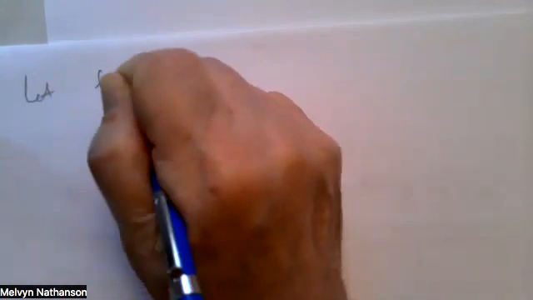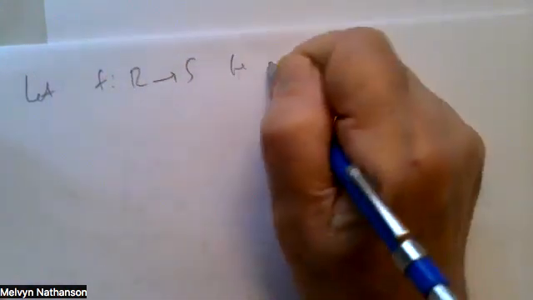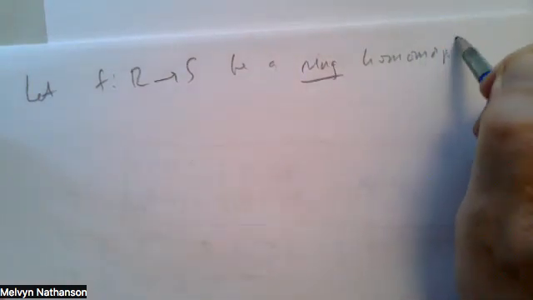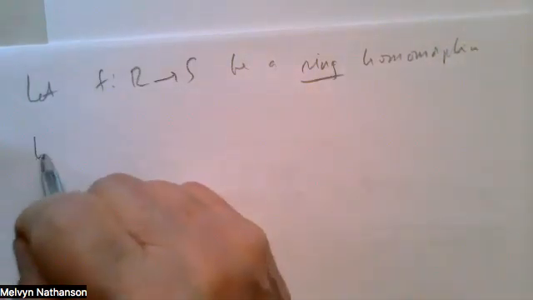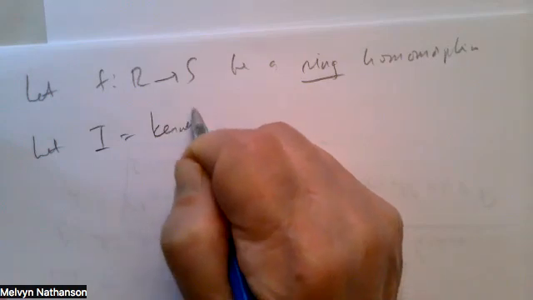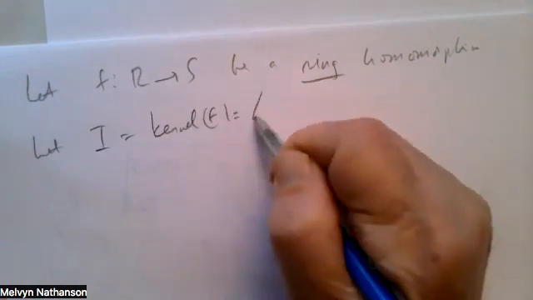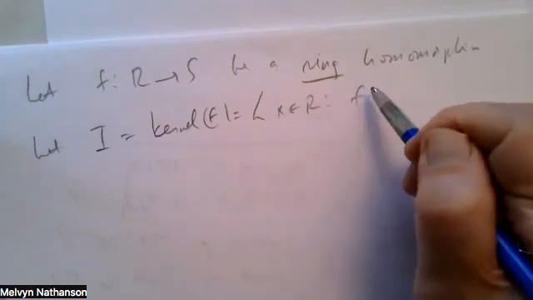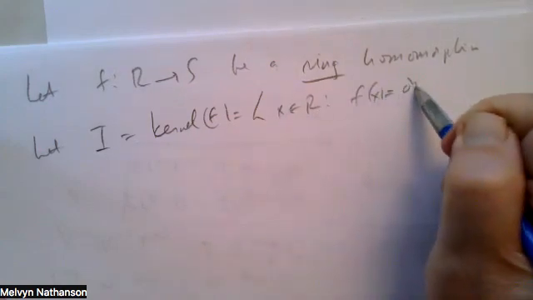Let f from R to S be a ring homomorphism, and let I be the kernel of f, which is all elements x in R such that f of x is 0.